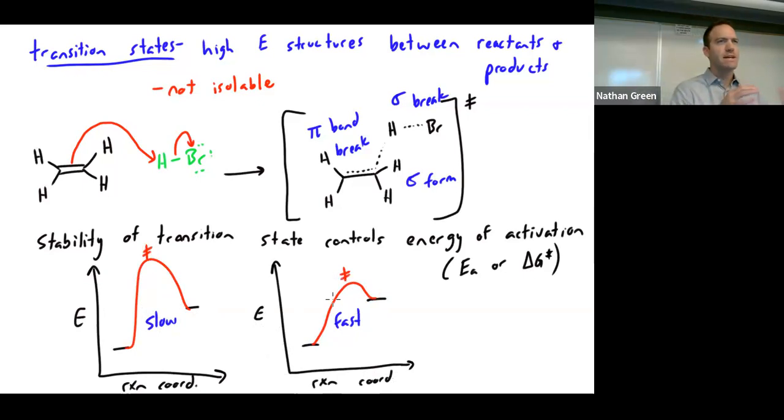If I go through a really messy transition state that requires a lot of atoms to move around and get into really uncomfortable orientations or electronic structures, that reaction is going to require a bigger hill. That's going to require more heat to get this thing to turn into the intermediate. More stable transition states, lower activation barriers, faster reactions.